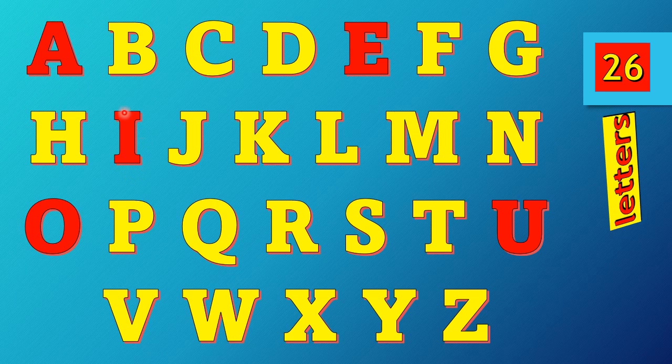What's this? I. Is it a consonant or a vowel? A vowel. Very good. What's this? W. Is it a consonant or a vowel? A consonant, of course. Very good. Yes.